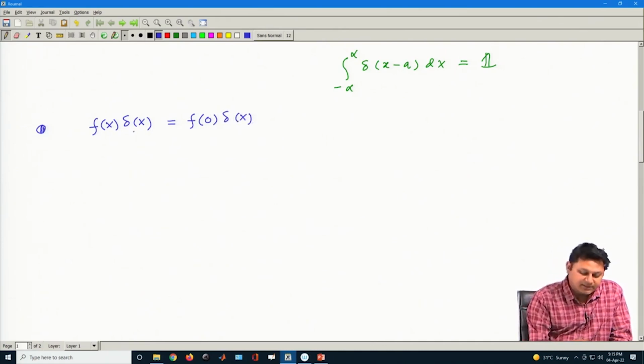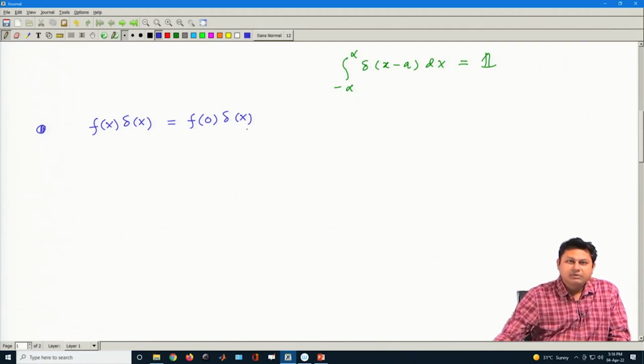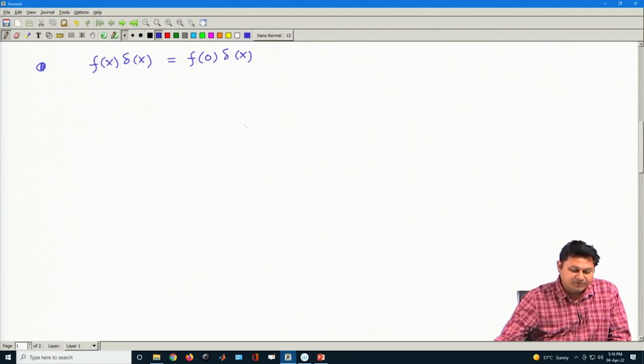Delta x is 0 at all points except x equal to 0. So this expression is meaningful only at x equal to 0, because in that case the delta function has a non-zero value, and that is why the multiplication is meaningful when the function is evaluated at the x equal to 0 point, multiplied by delta x.